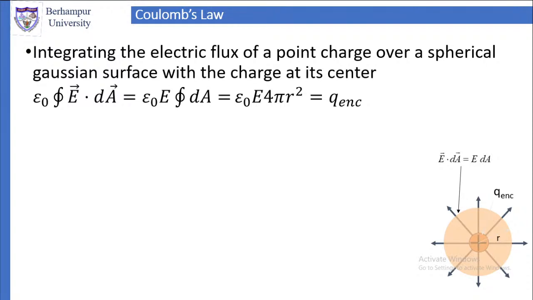We are seeing a spherical surface, and at the center of the spherical surface we have a charge, and the sphere is of radius r. If you assume that all the charge is concentrated at the center, then the charge is Q enclosed, the total charge enclosed at the center.